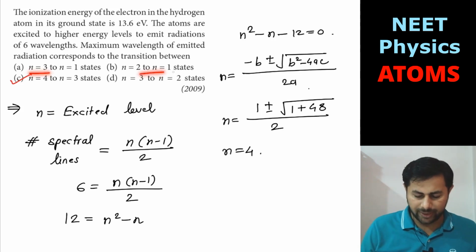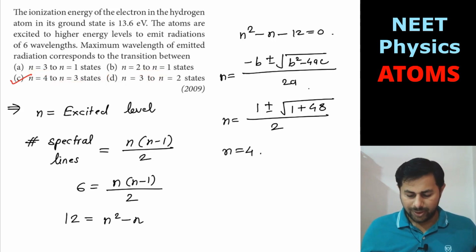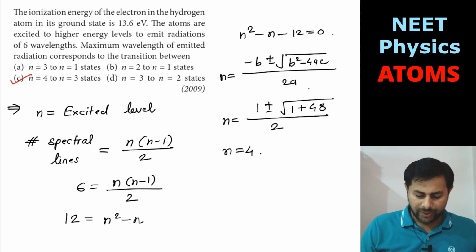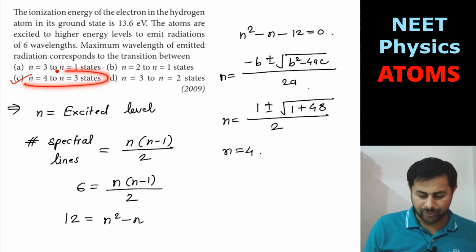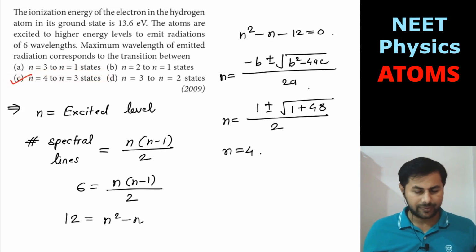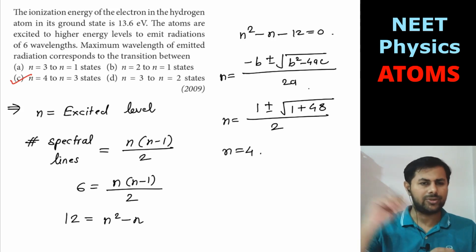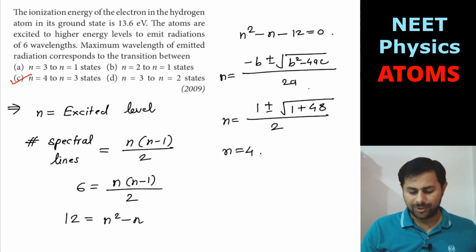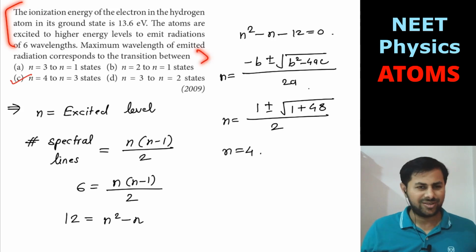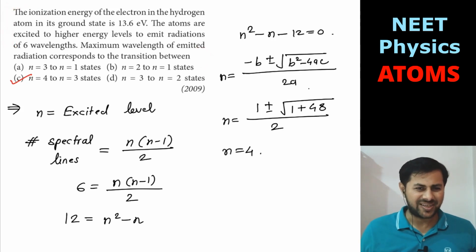Now looking at the options only, what you can do is click this one, because the energy difference would be minimum for this for sure. But then you need to check whether your electron goes to that level. In this, the question setter is honest, we can say, because he's not giving any random options.